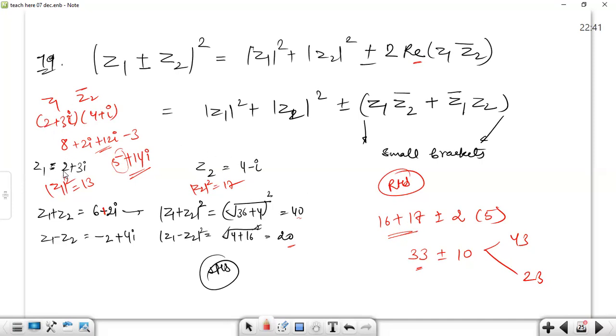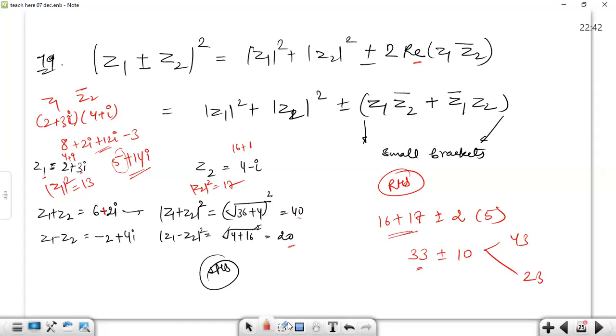So the modulus of this is 4 plus 9, right? Its square is 4 plus 9, and the square of the other is 16 plus 1. Can you find out what mistake I'm making? No, let me recalculate everything.